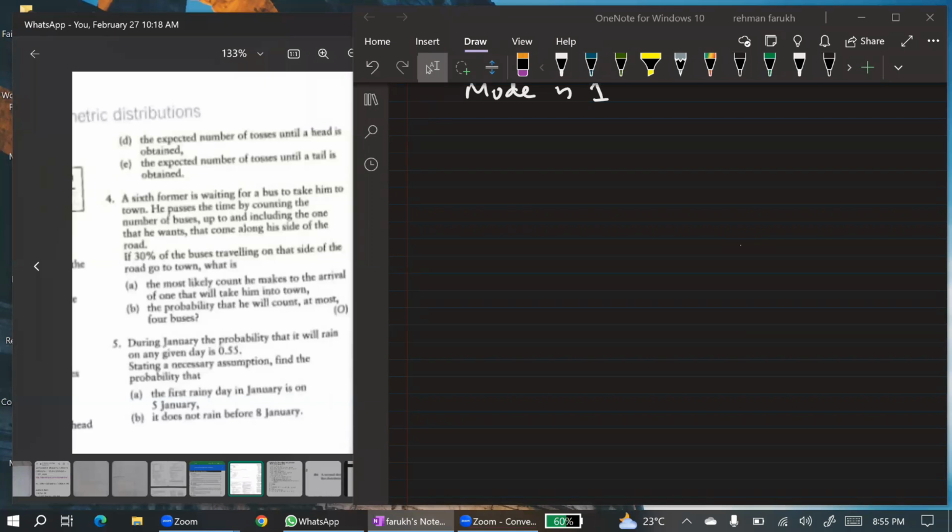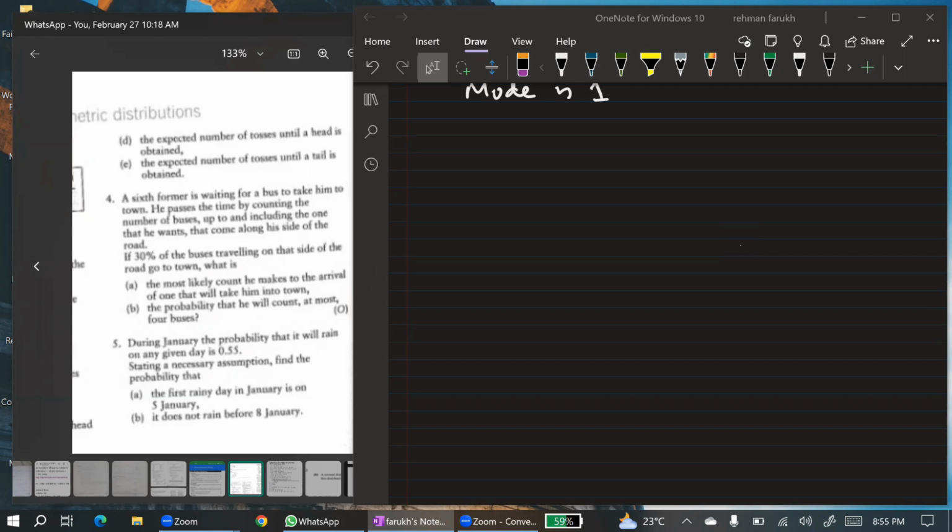Now, question number 4. A farmer is waiting for a bus to take him to town. He passes the time by counting the number of buses up to and including the one that he wants that comes along his side of the road. He will continue counting the buses until the first success is obtained.